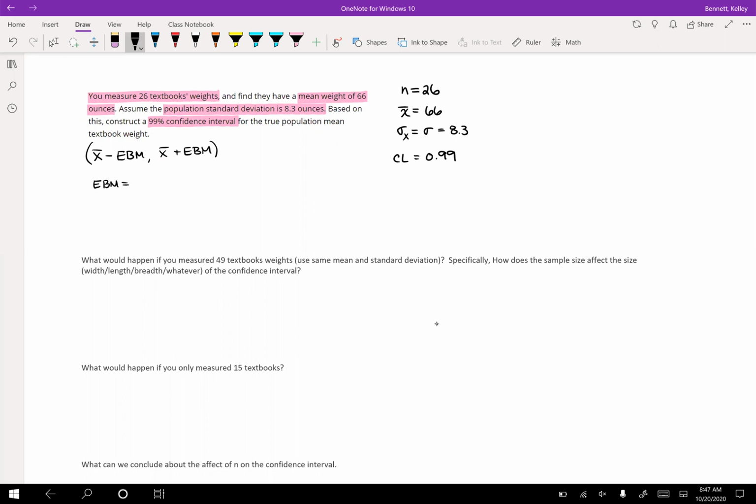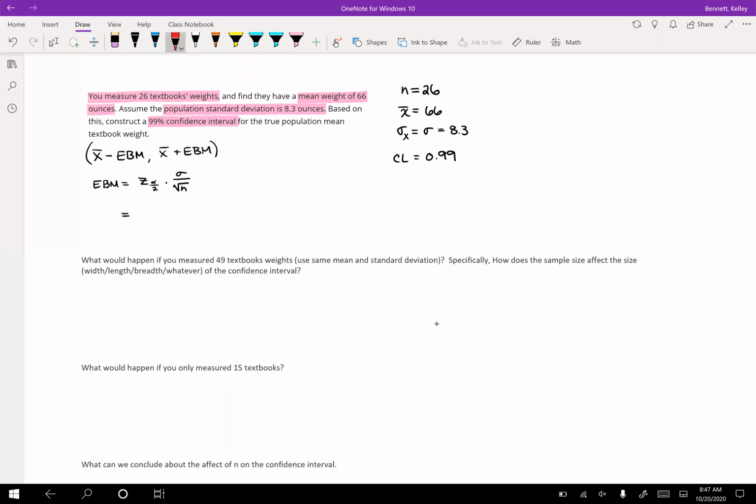And so that's going to be Z alpha over 2 times the standard error, which is sigma over the square root of N. And in this case, Z alpha over 2.